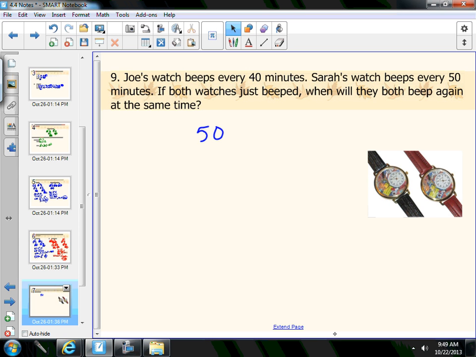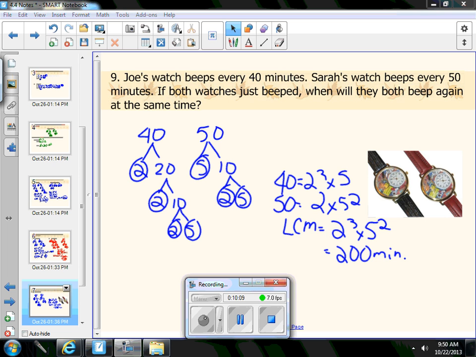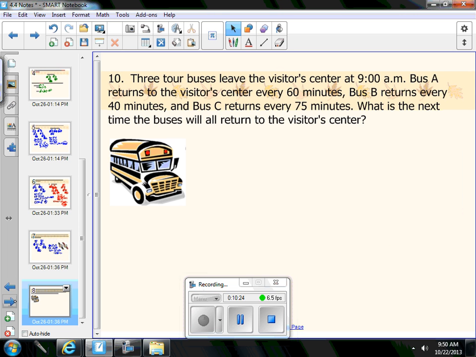Come back and check your work. So you'll notice the least common multiple is 200 minutes. We took each factor from 40 and 50 to the highest power to find the multiple of it. On our next word problem, I'll come back to it.